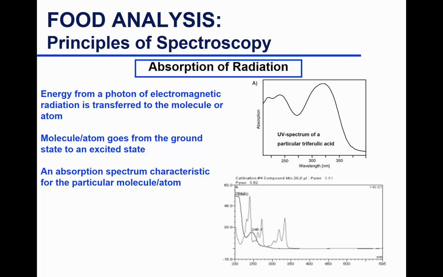So if we have two molecules, one has a maximum, let's say, at 280, and another one absorbs at 320, let's say. So that's lambda.